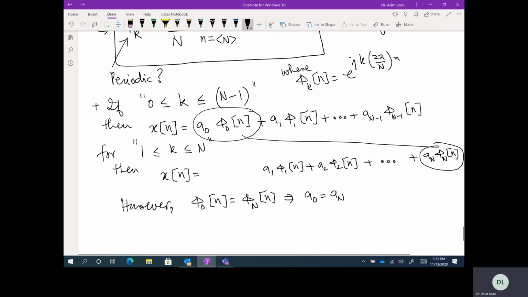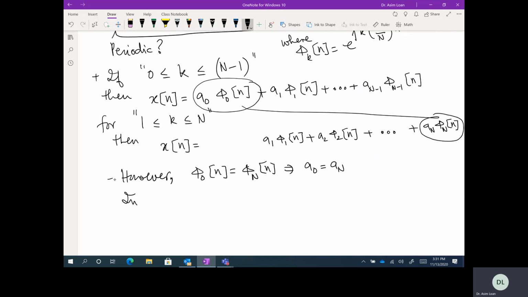So if this is true, in general, a_k equals a_{k+n}. So this implies Fourier series coefficients are periodic with n.